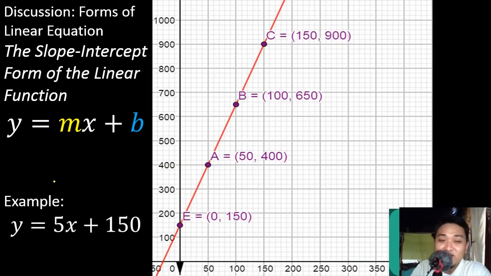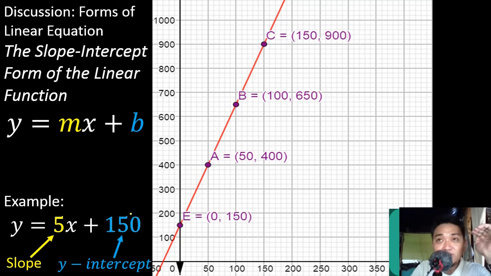So, ito na, no? Katulad nga ng example natin before, ang slope ng line po natin is 5. Etong 150 dito, it only gives us a hint na yung y value or yung ordinate ng ating y-intercept is 150.